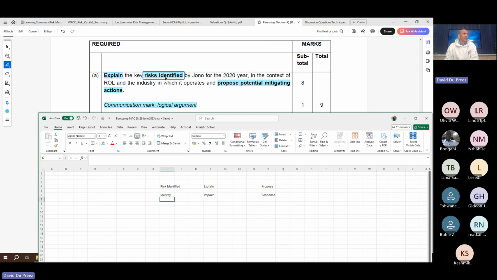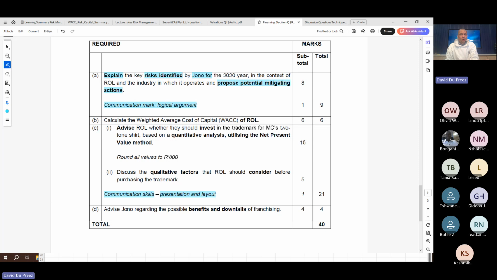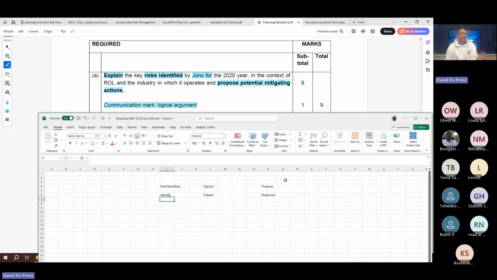They say explain the key risks identified by Jono. So already they're telling you the risk is identified, and I'm not going to give you a mark for the risk that's already identified. I'll give you a mark for the impact, the explanation and the response. If I'm giving you one mark there and one mark there, then I need to get four.